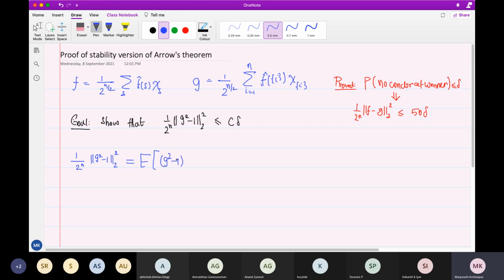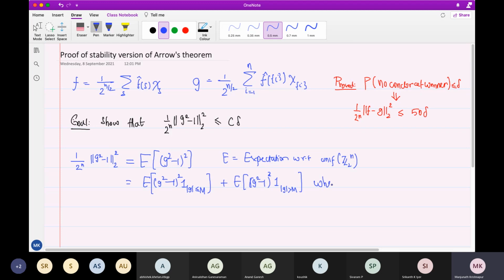Let me write it like this: expectation, where expectation is with respect to the uniform probability measure. So we will write it as the expectation of G square minus 1 squared into the indicator of mod G less than or equal to some constant m, plus the expectation of G square minus 1 the whole square into the indicator of mod G bigger than m.